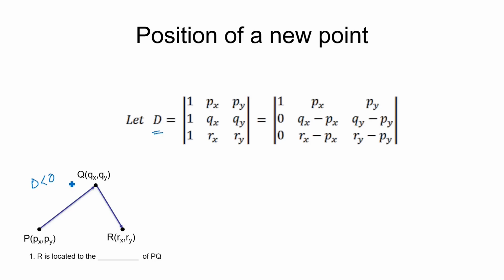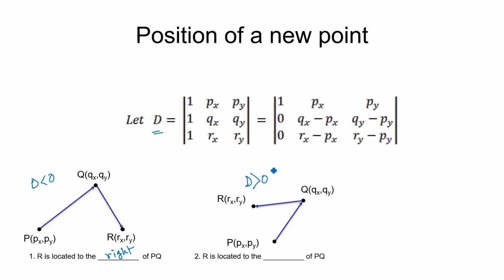So if the determinant is negative, then R is located to the right side of the straight line PQ. And similarly, a new point R is located to the left of straight line PQ if the determinant is greater than 0. So if the determinant is positive, then PQR performs a left turn.